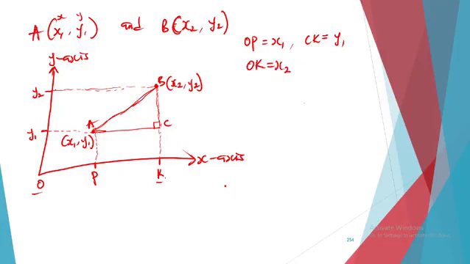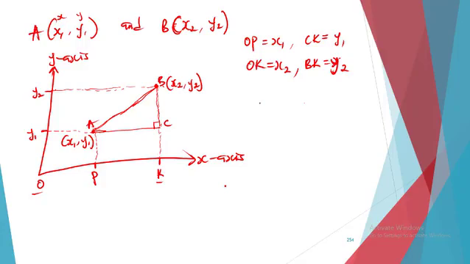Remember, here was our x2, we just replaced it now with K. So line OK is x2, right? Also line BK from B to K is equal to our y2. Is that correct? Okay, so we've gotten these lines.